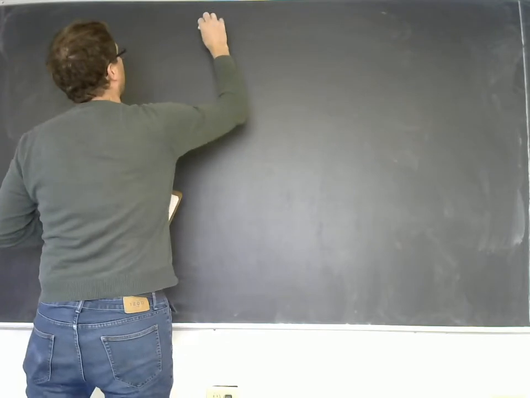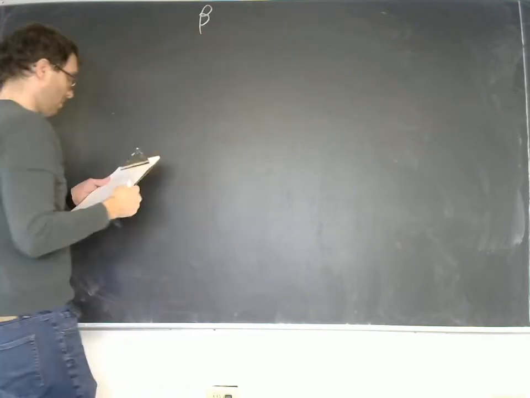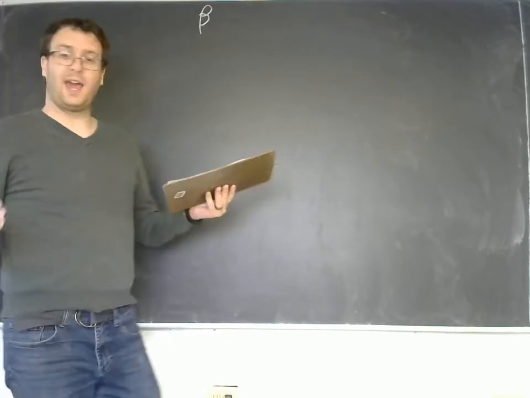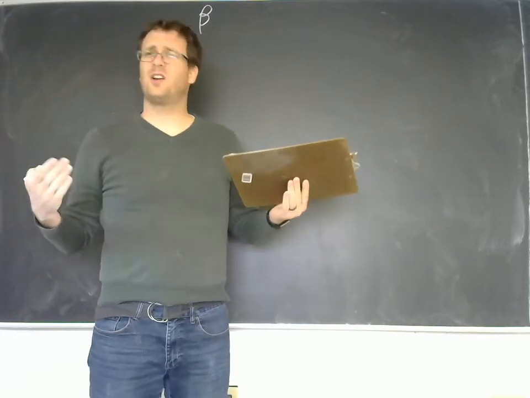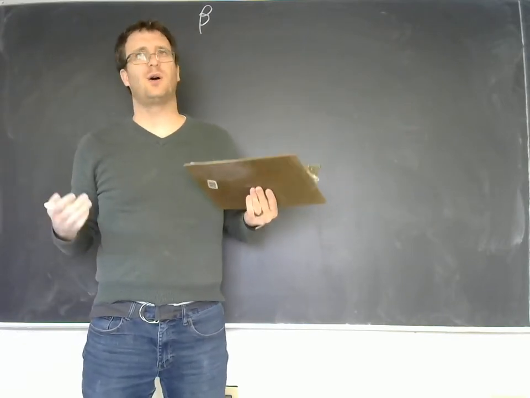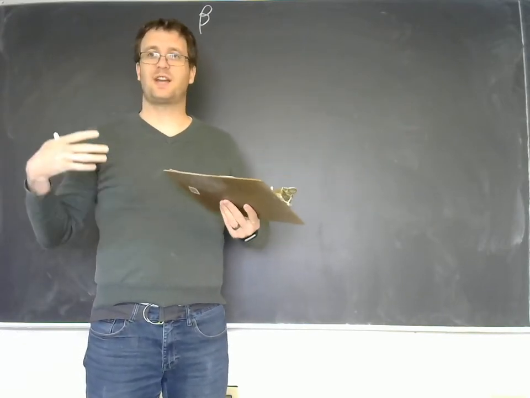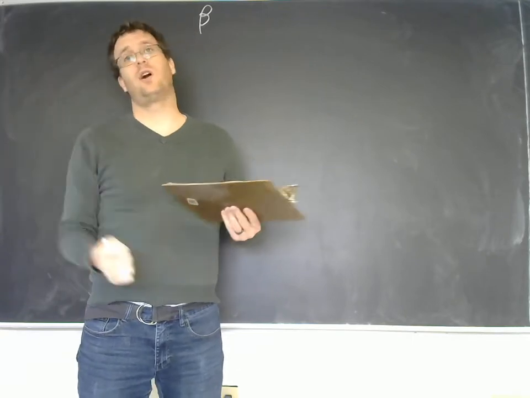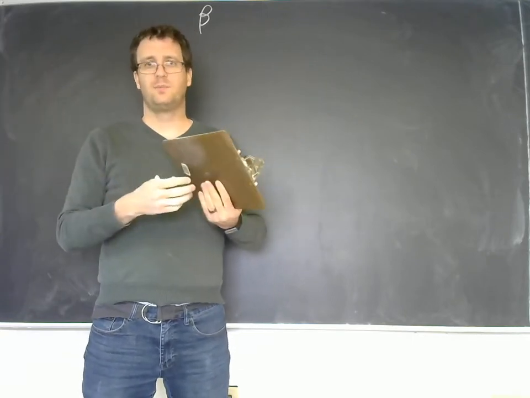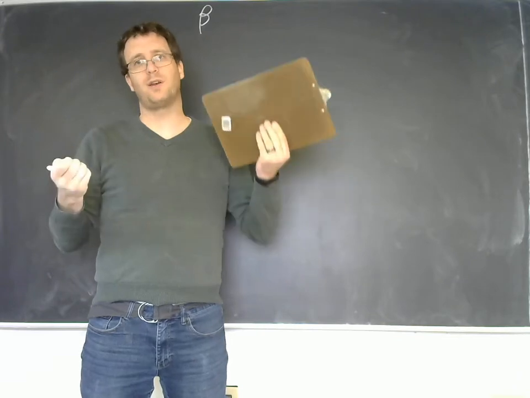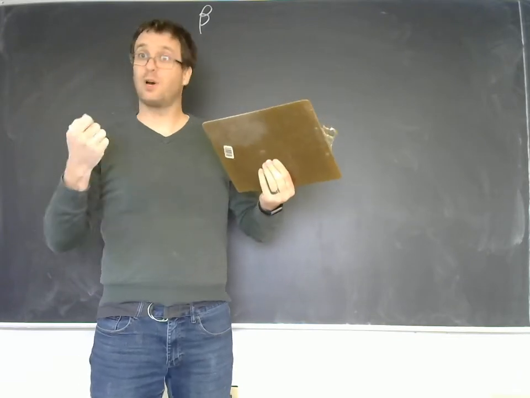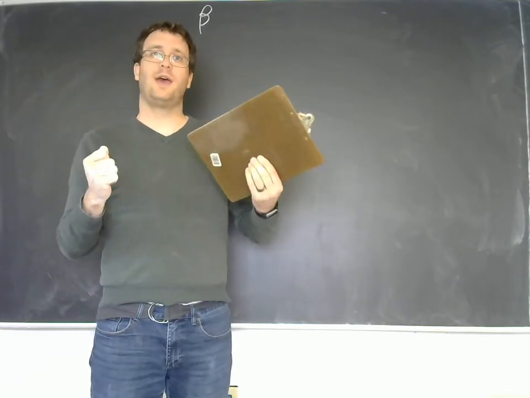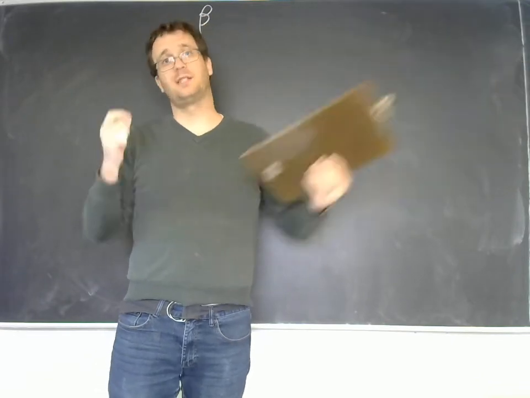Beta decay. So a beta decay is going to convert a neutron into a proton and eject a new electron. So it's like the neutron breaks apart and forms a proton and an electron. The proton remains in the nucleus and the electron is ejected as a beta particle.